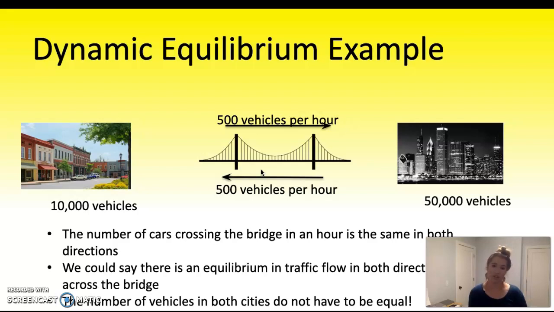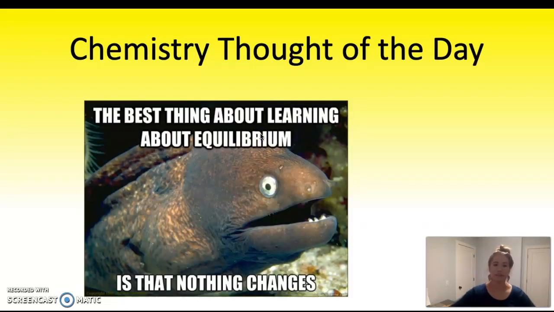The concentrations are going to stay the same. We're always going to have 10,000 vehicles in the small town and 50,000 vehicles in the large city. But it's dynamic. It's not like we've cut the bridge and no one can travel. They're always going back and forth, but because that back and forth is equal, the concentrations stay the same. That's dynamic equilibrium.